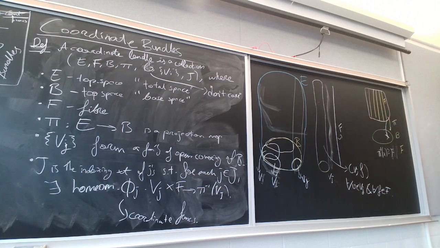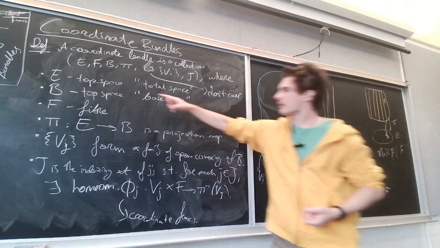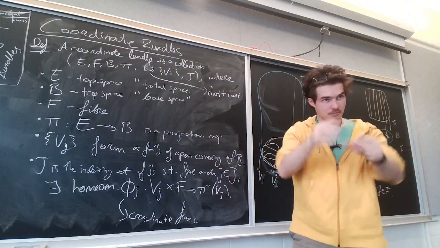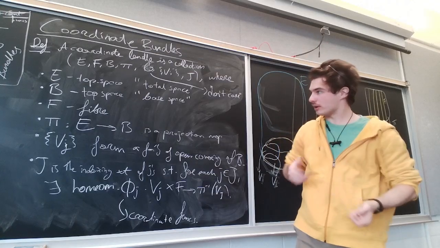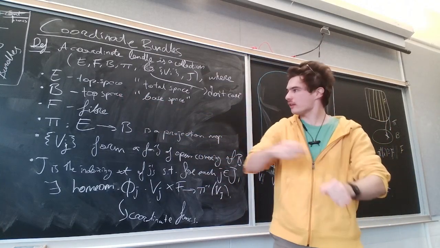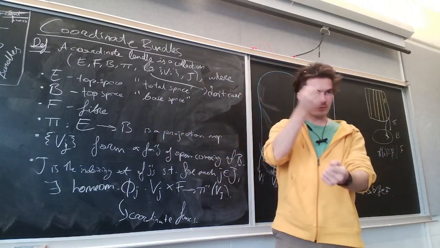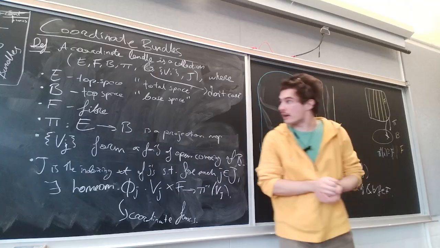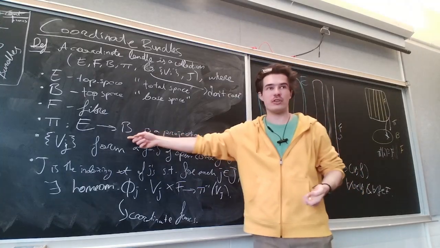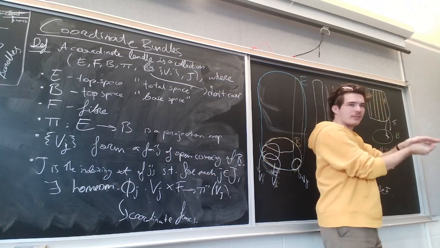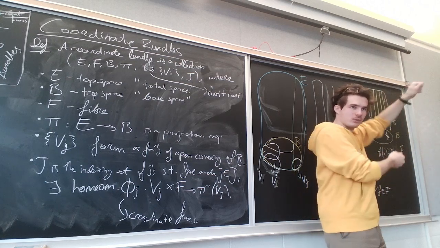And so the total space E is kind of the manifold with a fiber glued at every point. B is the space to which I'm gluing things, and F is the thing that I'm gluing to every point. The projection collapses the whole thing, forgets about the fiber, and just gives me back where the thing was glued to.